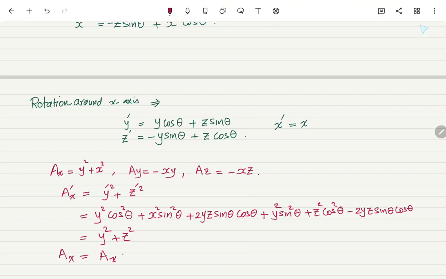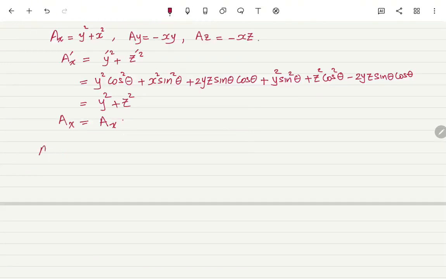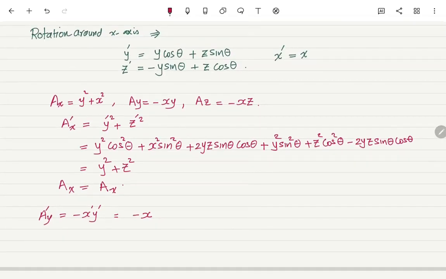However, we're not done yet. Now, ay prime equal to minus x prime y prime. You just substitute x and y in this case. So it's equal to minus x. Remember, around the x-axis, x prime is x. So we just substitute by x. And y prime is y prime right here.